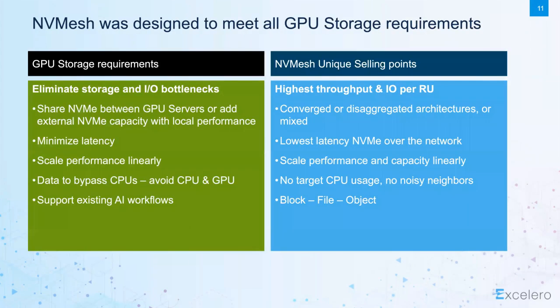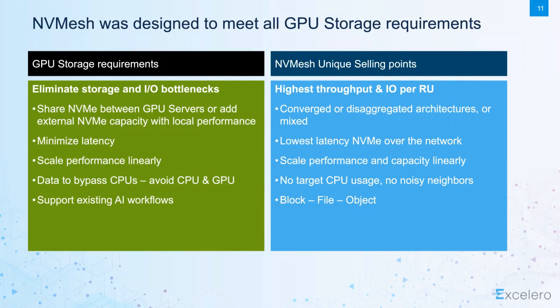So to conclude my part, on the left side, you can see the storage requirements that we are getting from customers and partners. So the ability to share NVMe between GPU servers or add capacity with local performance, a minimal latency, linear scalability of performance, no usage of CPUs or GPUs, and the ability to support existing AI workflows.